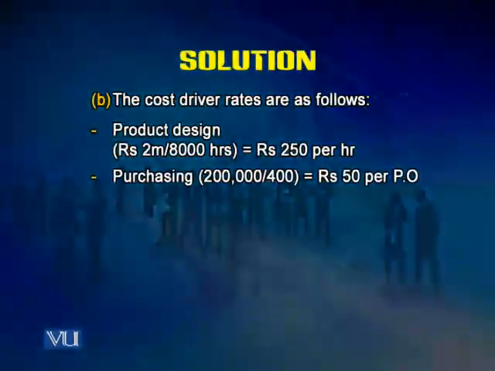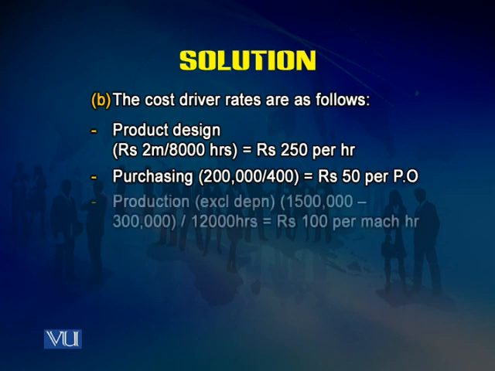In this case, we saw that product design, the total cost is 2 million, and we were told there are 8,000 hours. So the per hour cost of product design is 250. Cost driver rate for product design is 250. Purchasing, the cost is 200,000, and there are 400 purchase orders. So the cost per order is rupees 50.